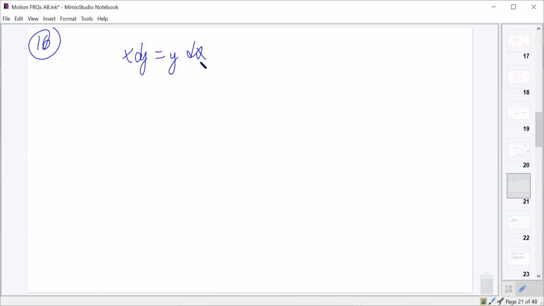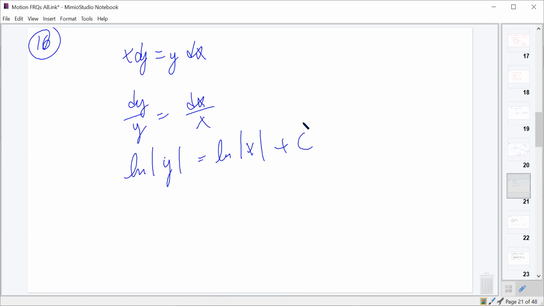So in order to figure that out, let's actually integrate it. So we need to do then dx over x equals dy over y. And that gives us natural log absolute value y equals natural log absolute value of x plus our constant.